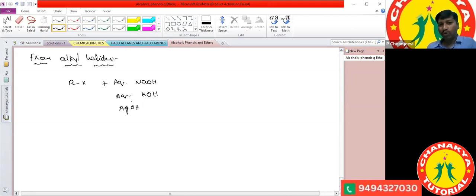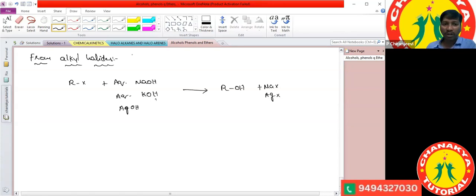Whichever reagent you use, it is converted into alcohol. R-OH plus NaX or AgX is the product. If alkyl halide is treated with an aqueous solution of NaOH, KOH or silver hydroxide, which we can call moist silver oxide, it gives an alcohol.